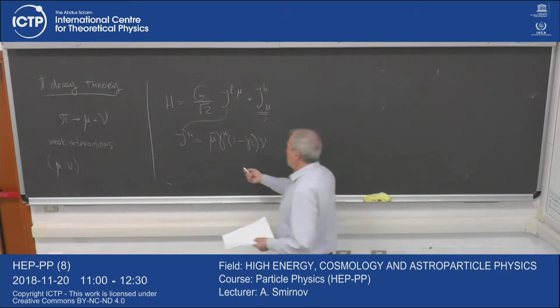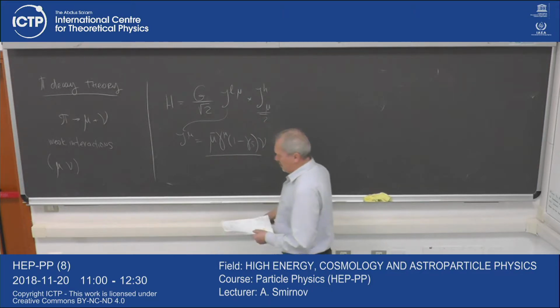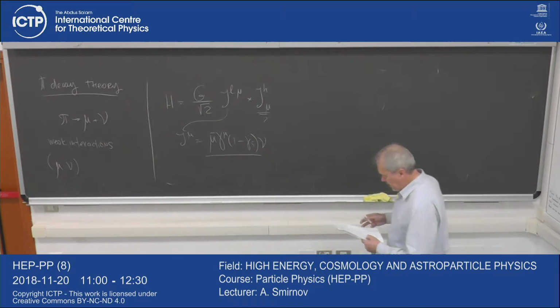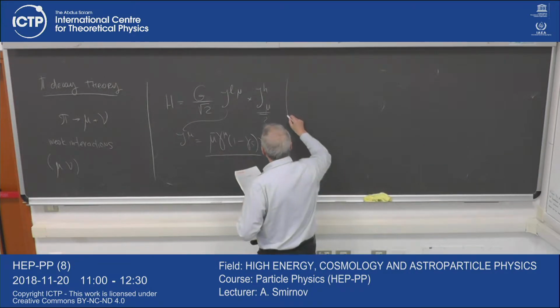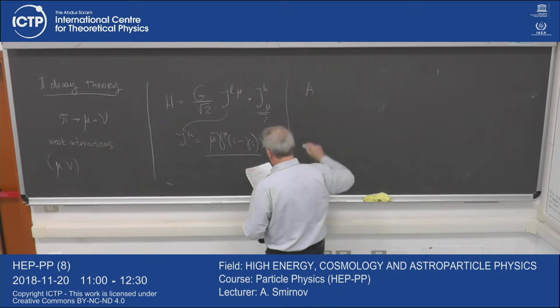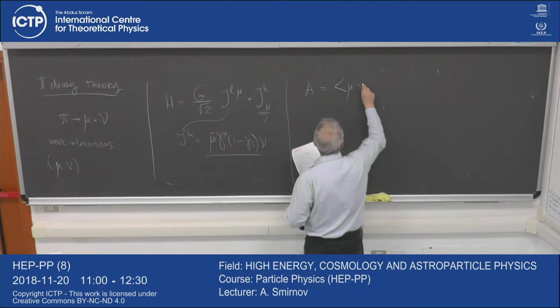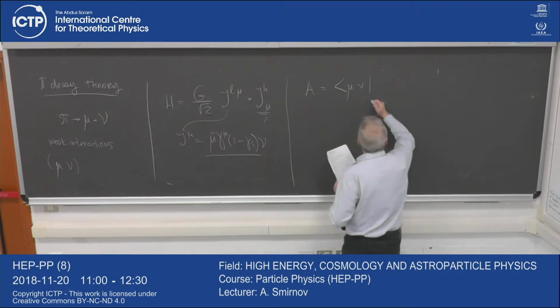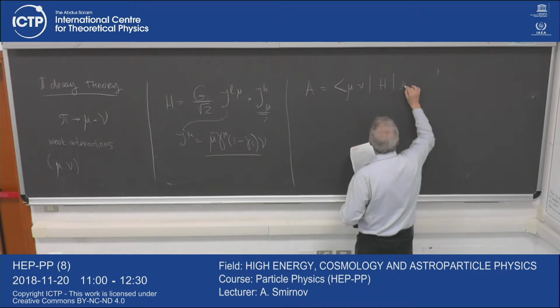I assume this structure of the muon current in analogy to what I learned before. Using this Hamiltonian, I can write the amplitude of the decay, given by the matrix element, with muon and neutrino in the final state, then the Hamiltonian, and pi in the initial state.